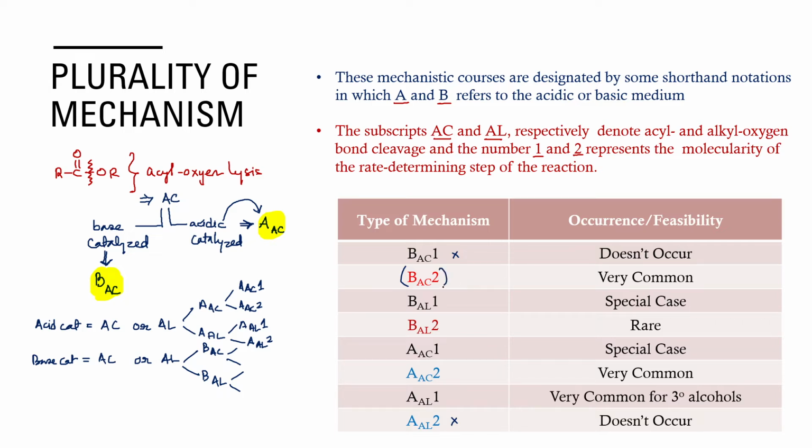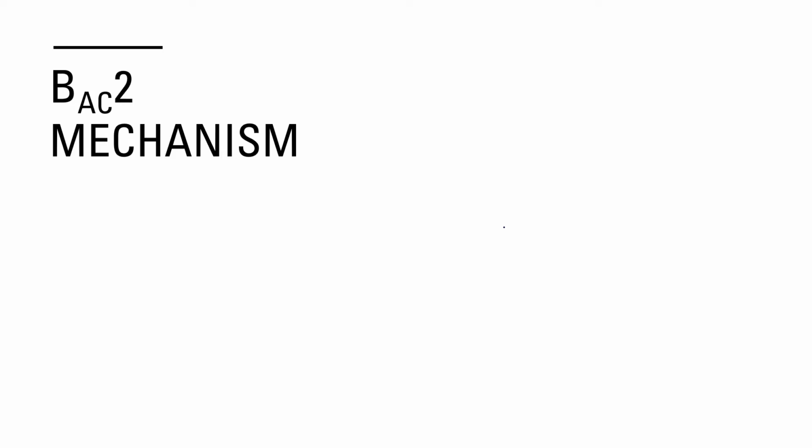BAC2 is very common and AAC2 is also very common. Okay, ये दोनों को हमें पढ़ाया जाता है. अब हमें we have to identify कि कौन से हो रहे हैं and why something is not occurring. Okay, so let's start. Let's start from the BAC2 mechanism, जो कि सबसे कॉमन मैकेनिज्म है.